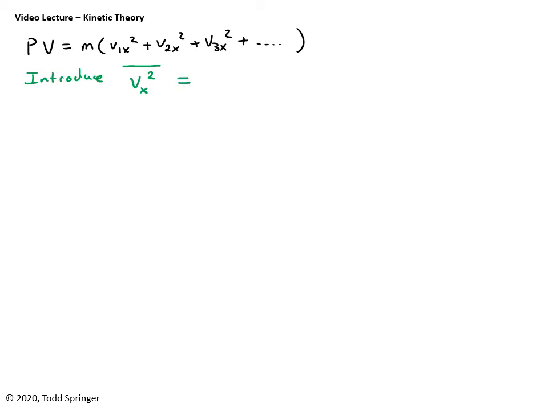It's add up all of them and divide by the total. So it's v1x squared plus v2x squared plus v3x squared plus v4x squared, and so on, divided by the total number of particles.